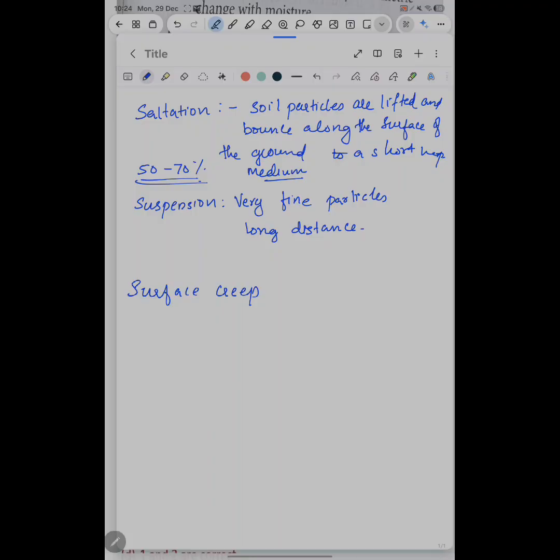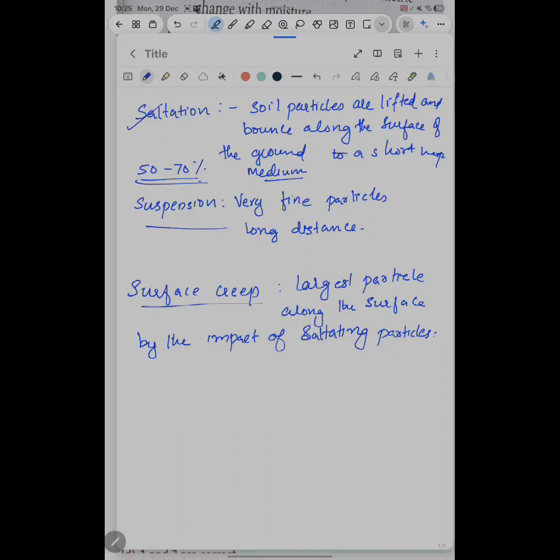Then next is surface creep. Surface creep moves the largest particles along the surface by the impact of saltating particles. So these are the three terms: saltation, suspension, and surface creep.